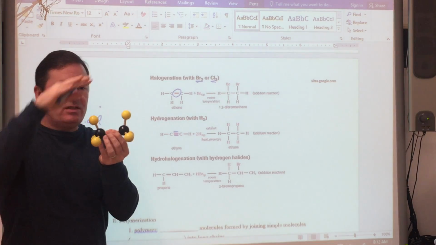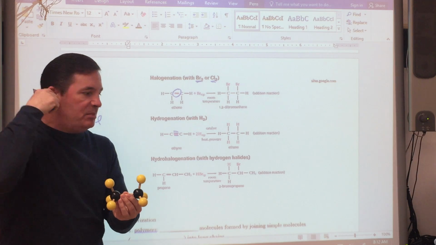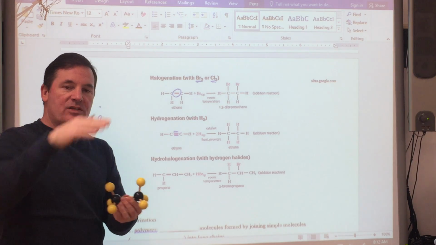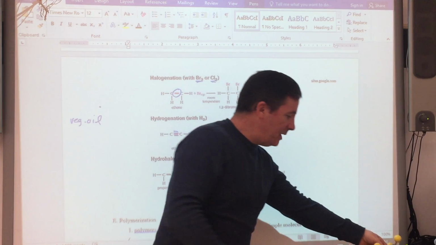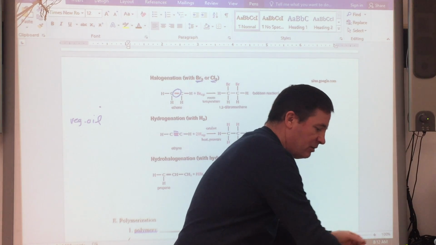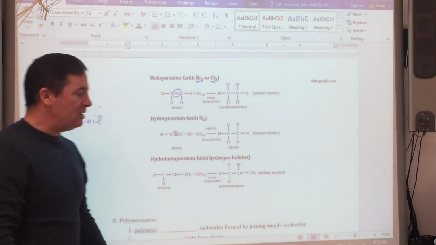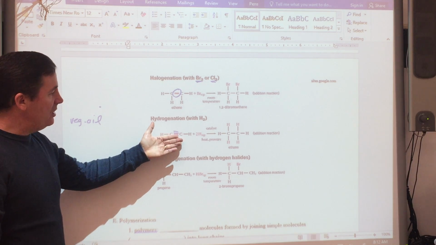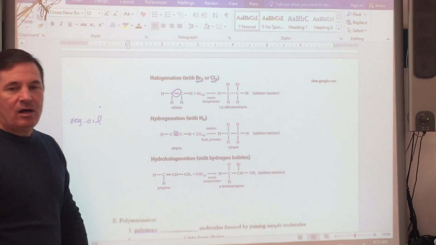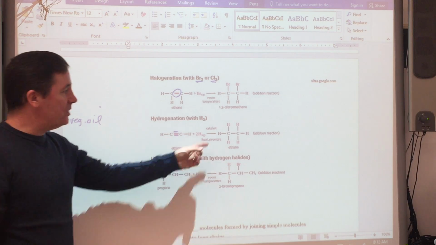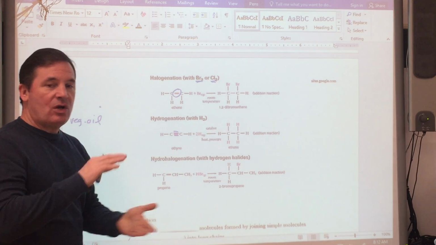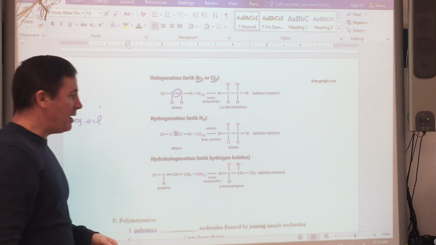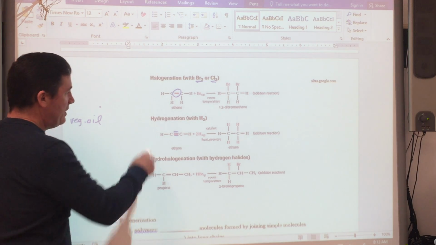But these stack on top of each other, and because of that, these are solid at room temperature. So basically, if you've used margarine before, it starts off unsaturated, and then they put it through a chemical process in which they add the hydrogens so it can be a solid so you can spread it on your toast. So that's hydrogenation.